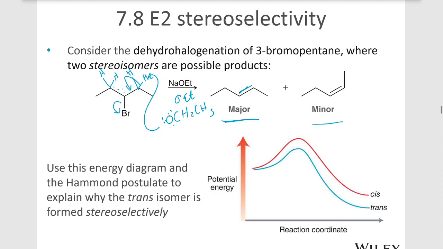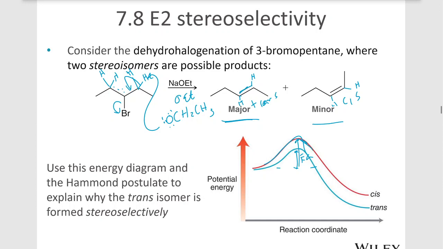We can either get the trans product, or we can get the cis product, where in this case the hydrogens are on opposite sides, or the hydrogens are on the same side as each other. Okay, it turns out the trans product is major, and that's because the activation energy to forming the trans product is lower than the activation energy for forming the cis product.